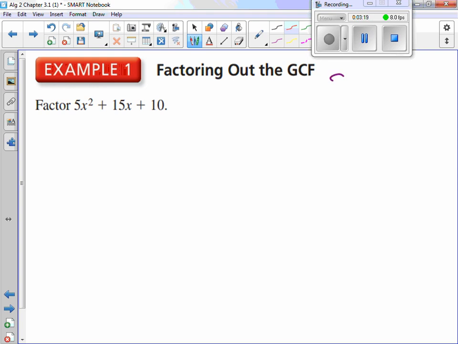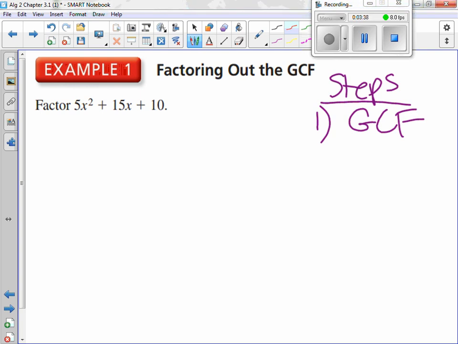So I'm going to list the steps out here on the first one. And I'm going to write them down here on the board so we have them up here also. When we look at this here, our first main step when factoring is greatest common factor, GCF. Whenever we're factoring any of these here, the first thing you need to really look for is the greatest common factor. Because if there is a greatest common factor between our three terms, we factor it out.